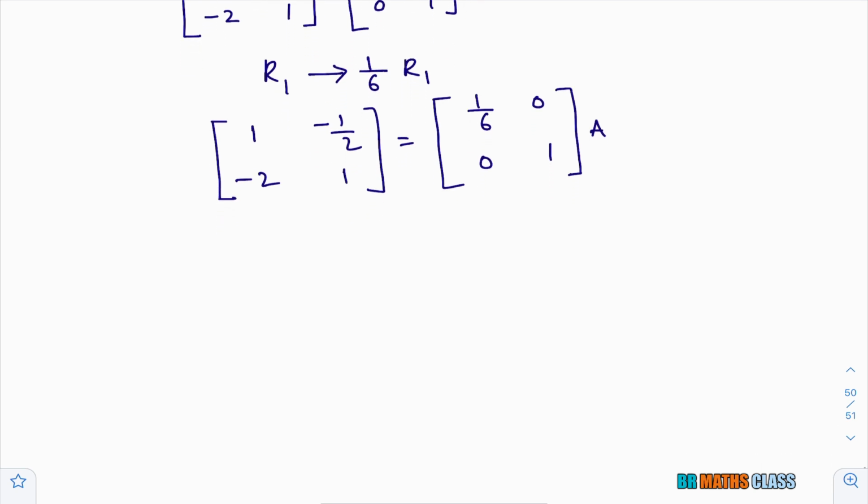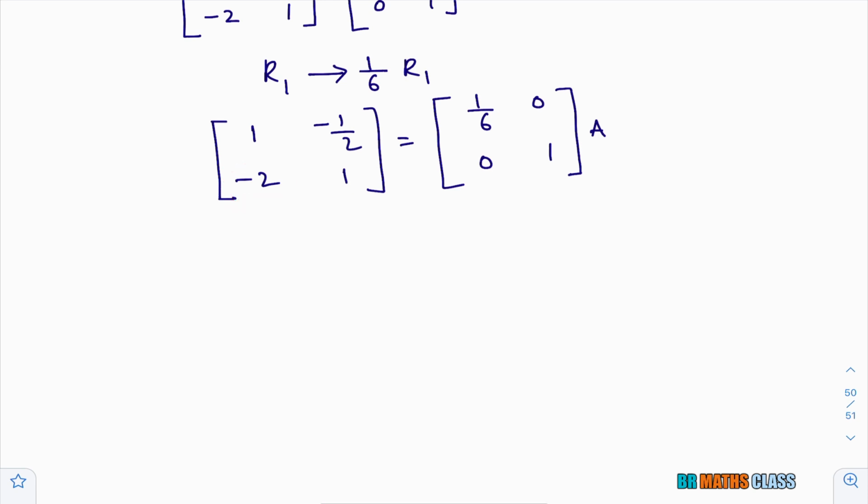Now once I got 1 here, come to this place. You want 0 here because you want to get this matrix. We can make this element 0 very easily by using this 1 with the help of elementary transformation. How? Here minus 2 is there, na? If plus 2 is there, I'll get 0.